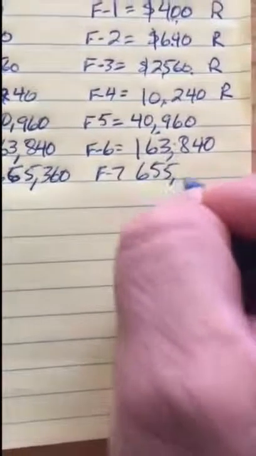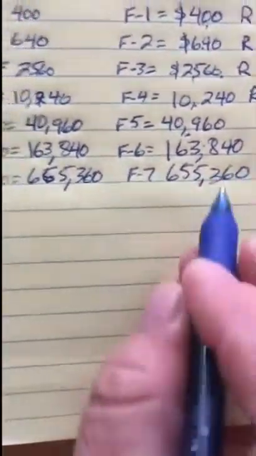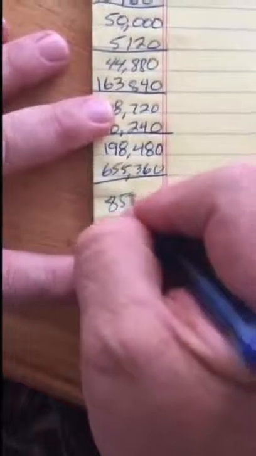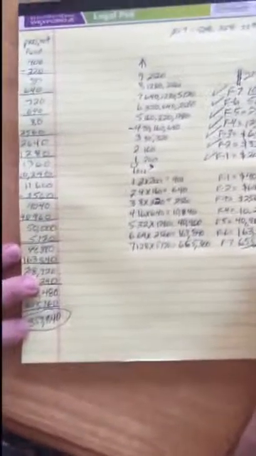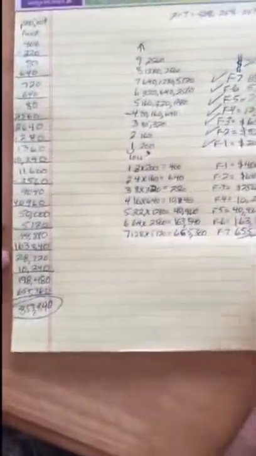So floor 7 is 655,360. You take that, add it to your 198, plus your 198 leaves you with $853,840. That is what you have received by following this distribution formula.